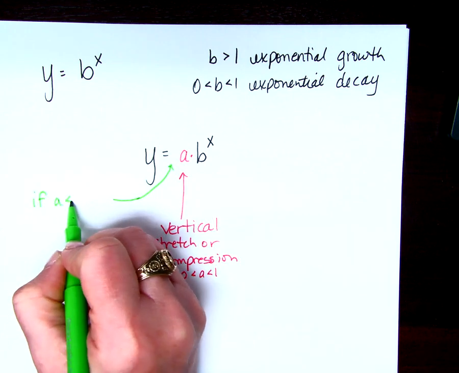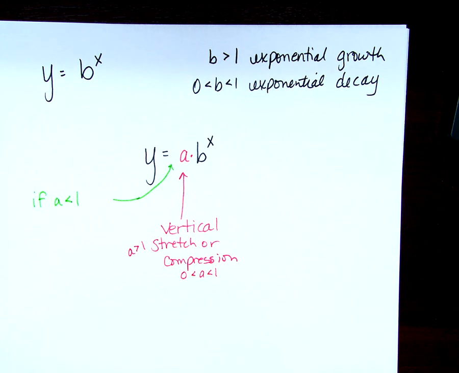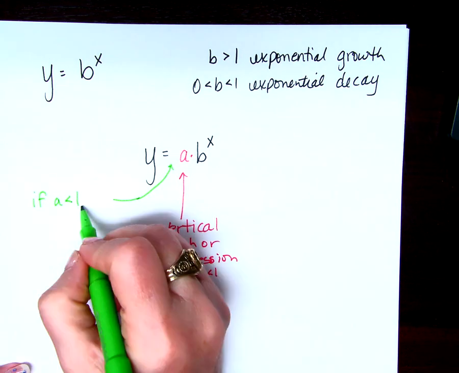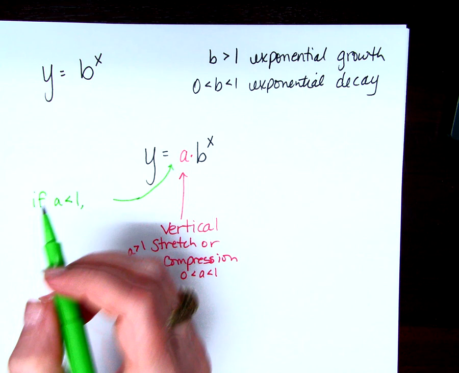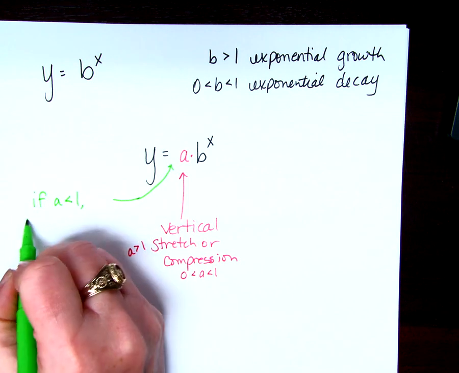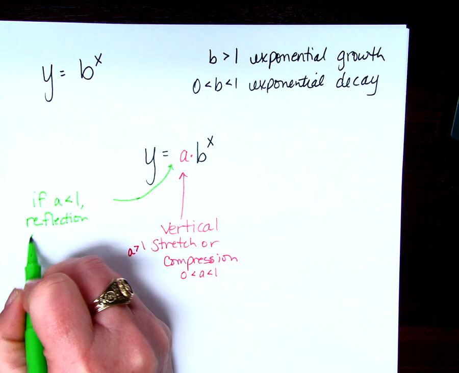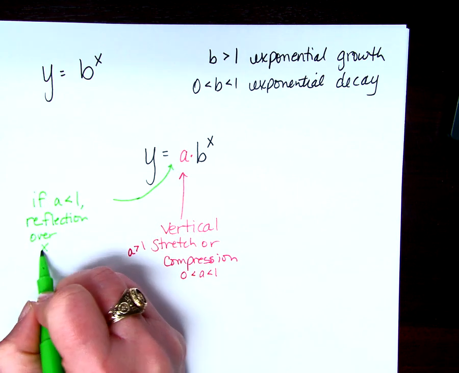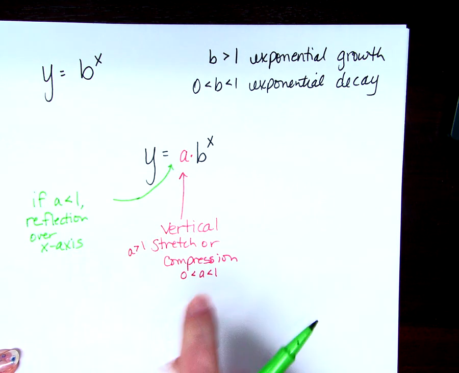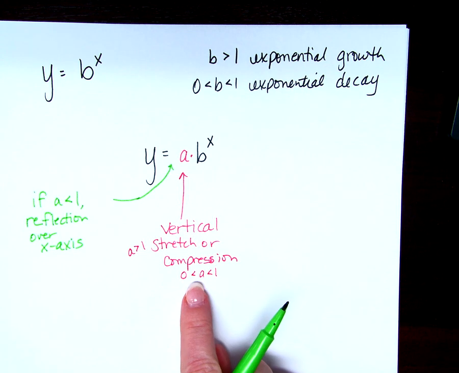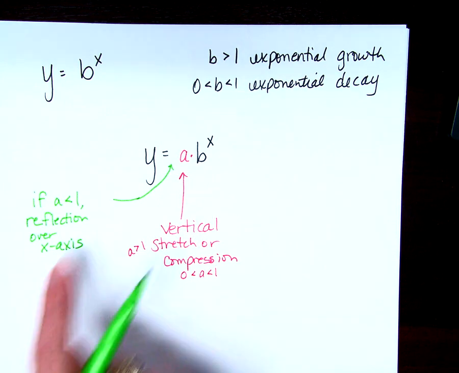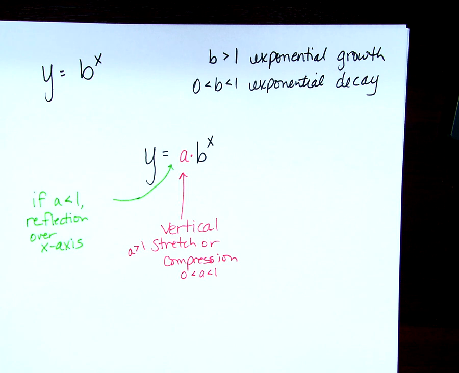It's a reflection over what? X-axis. It's a compression if a is between 0 and 1. If a is negative, it's a reflection over the x-axis. You okay with that?